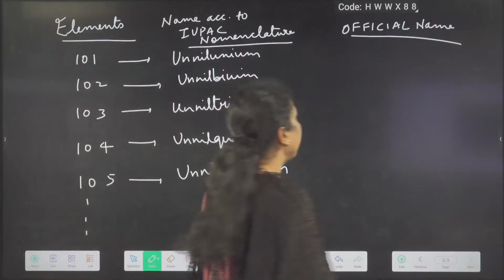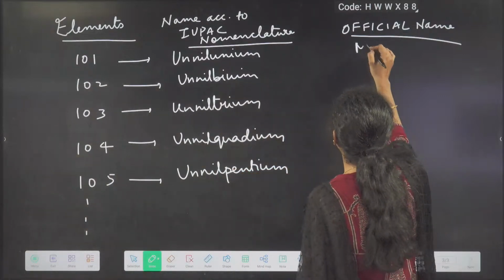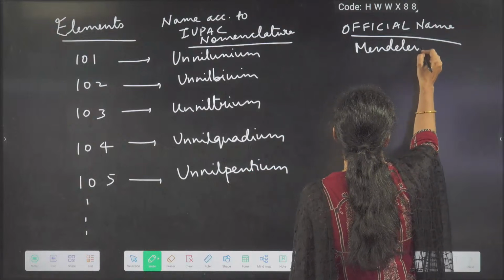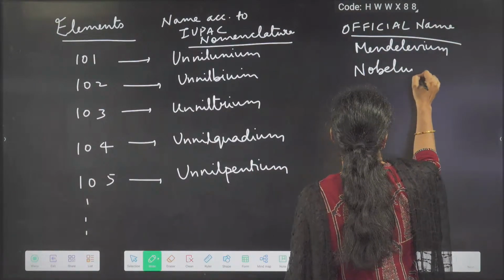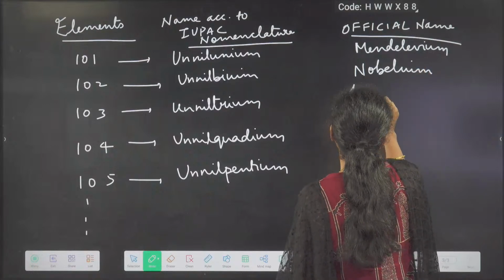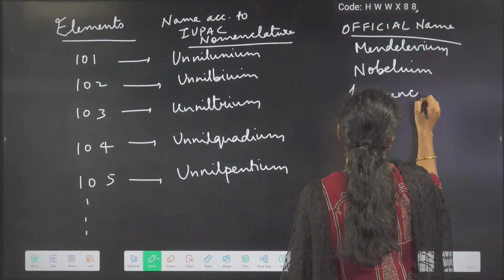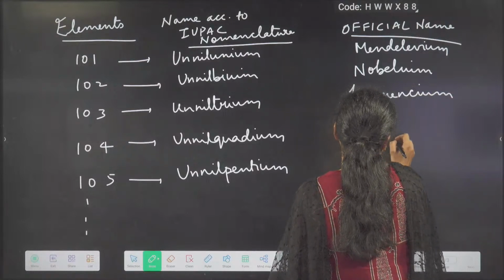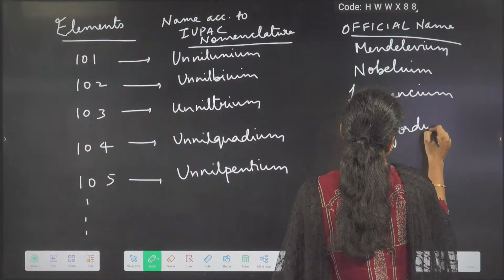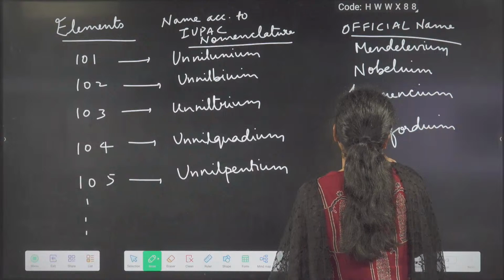Now, the official names here: 101 is Mendelevium, then Nobelium, then you are having Lawrencium, then Rutherfordium, then you are having Dubnium.